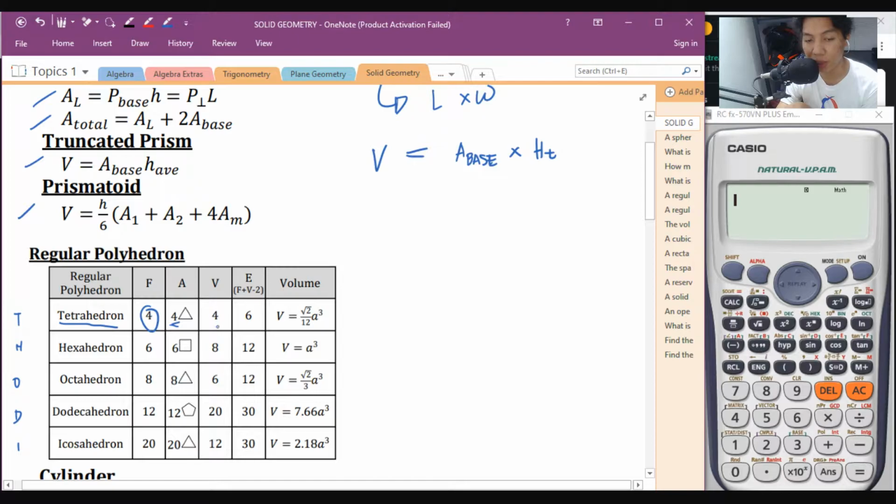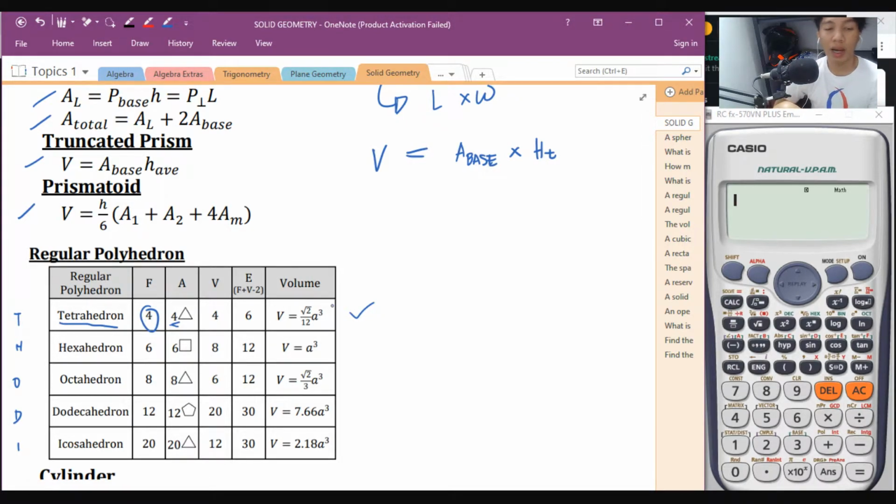Vertices will be 4, 6 na edges. Paano malalaman? May formula yan. F plus V minus 2. So, F plus V minus 2, di 6. And then, yung volume niya, ito is derived to ha. Sinimplify na. Square root of 2 over 12 multiplied to A cube. A is the length of an element nung face mo.